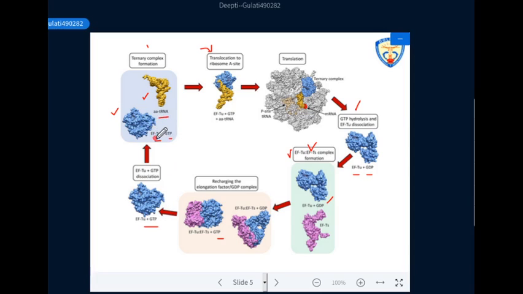So this EF-Tu GTP will again form a binary complex, again start looking for the aminoacyl transfer RNA, form a ternary complex, again take the transfer RNA to the A site, GTP gets hydrolyzed, these two factors are released, GDP is exchanged again for a molecule of GTP, and this cycle will continue throughout the process of elongation. The cycle is known as the elongation cycle. We call it the reaction cycle. We call it the EF-Tu EF-Ts cycle.